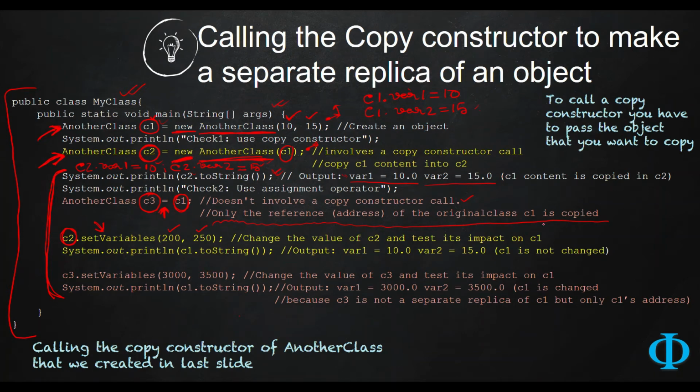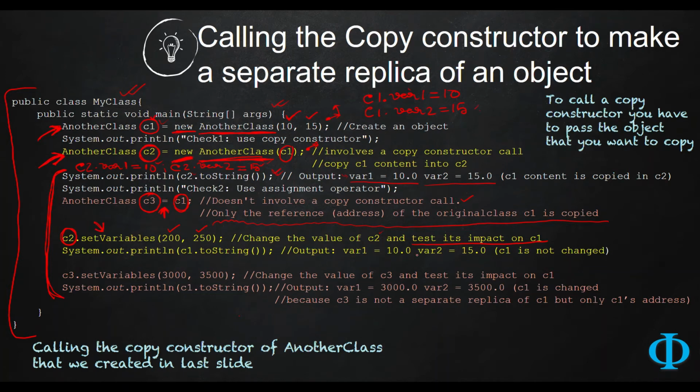Now I am going to test its impact on C1. If the value of C1 is not impacted at all, that means C2 is a different copy, right? Since C2 is an entirely different replica, C1 is not impacted. We can say that with confidence.